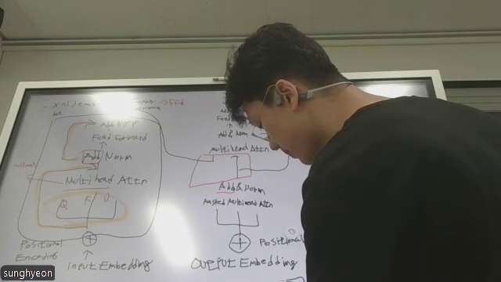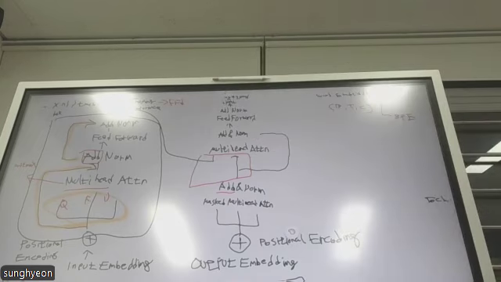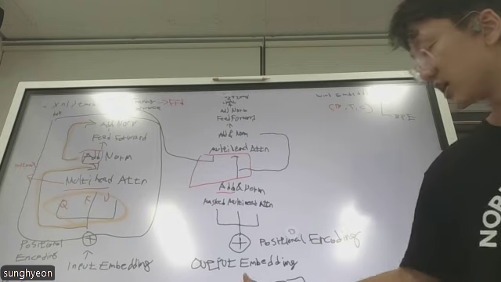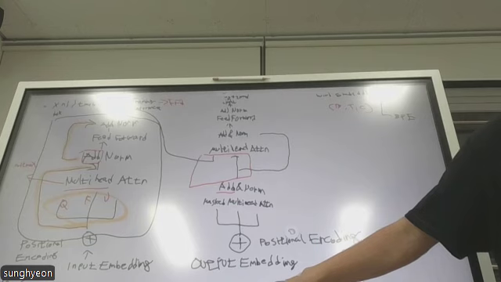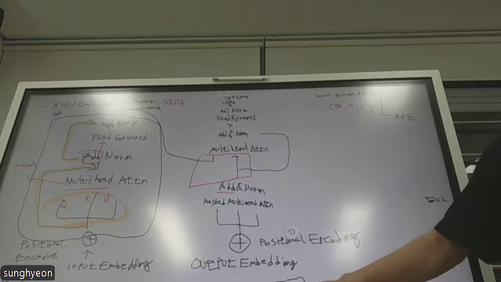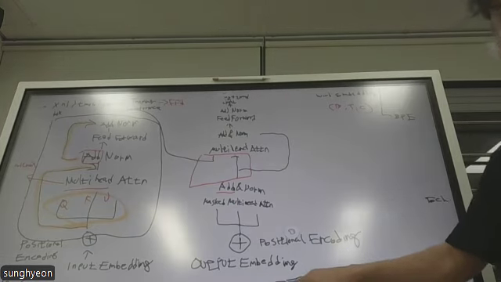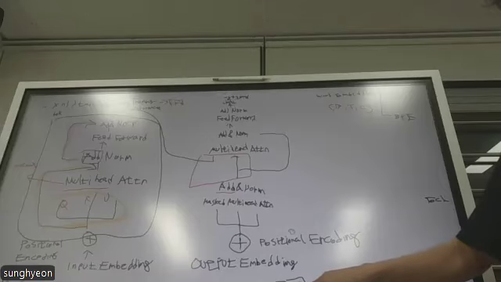How the decoder works is that from this, it will predict the next word, and from this, it will predict the next word.